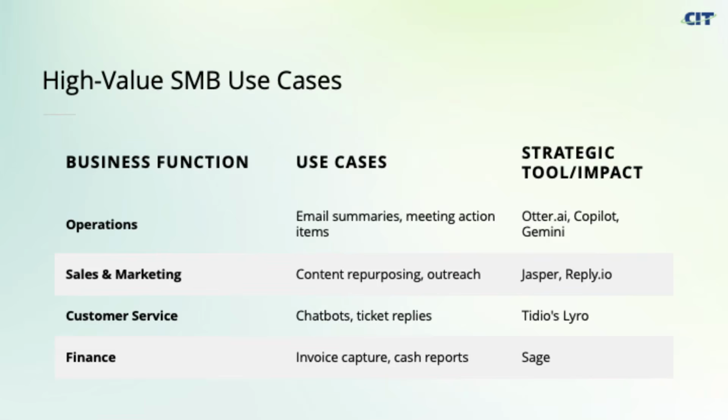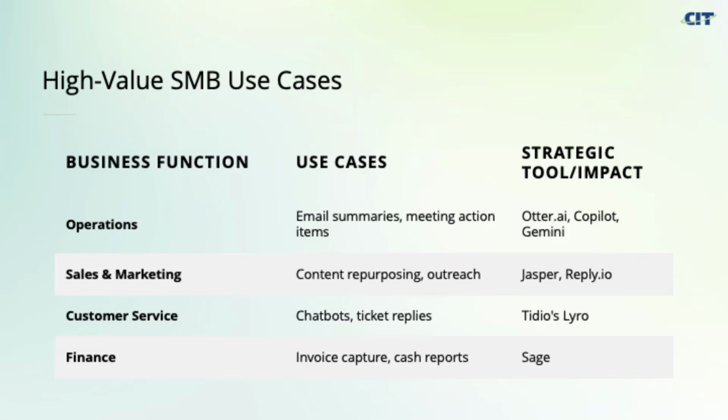A good rule of thumb is if a customer seems frustrated, escalate to a human, but let AI prep the summary first. For finance and back office, AI can automate invoice capture, categorize expenses, and generate weekly cash reports. Tools like Sage reduce manual entry and help flag financial risks early.